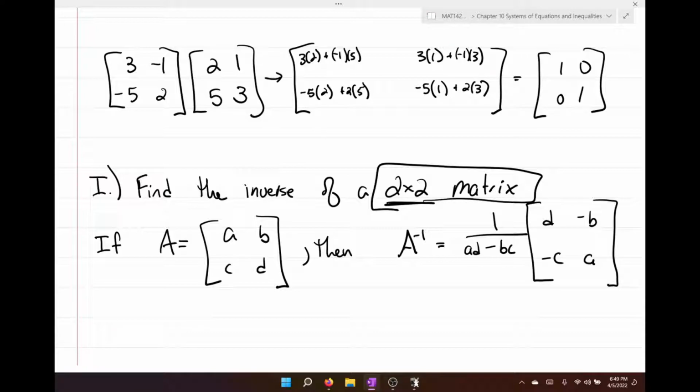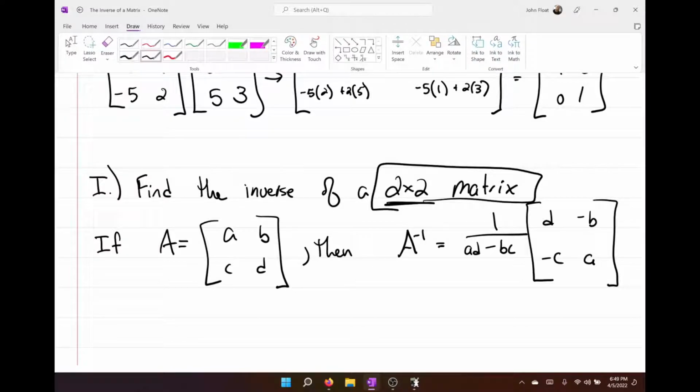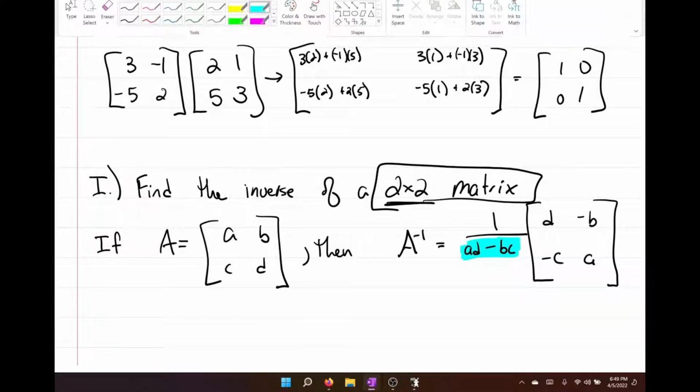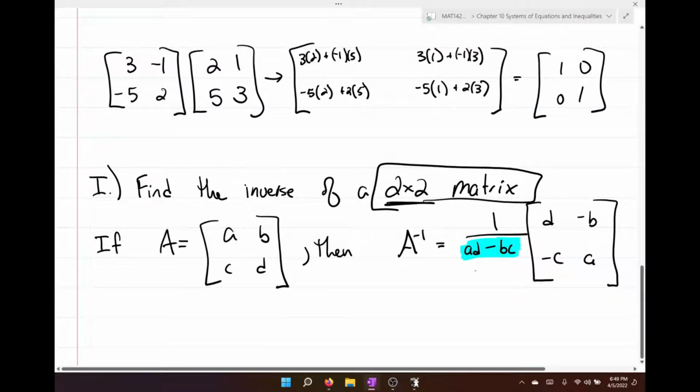Now, one thing I hope you're all looking at is this right here. In the inverse, in the denominator of this scalar multiple out front, you have AD minus BC. Now, that actually has a very special name. It's called the determinant. And we know that we are not allowed to divide by 0.